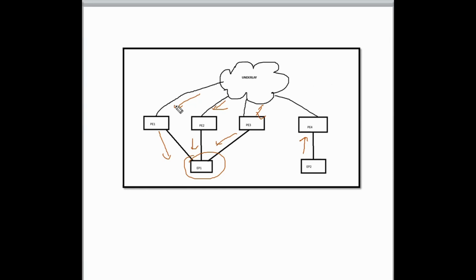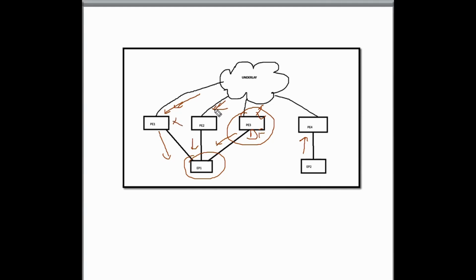This is why we need a designated forwarder and a non-designated forwarder in the topology. So when a non-designated forwarder receives a packet for a connected endpoint, it discards that packet to prevent a loop in the network. So let's say PE3 is a designated forwarder in our topology, and PE1, when it receives the broadcast packet from PE4, as it needs to be sent to a connected endpoint, it will drop that packet.